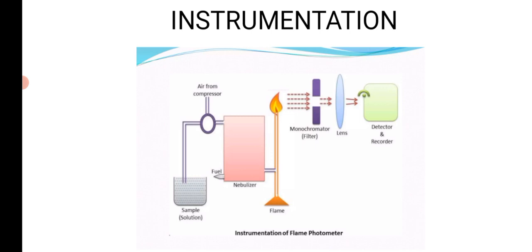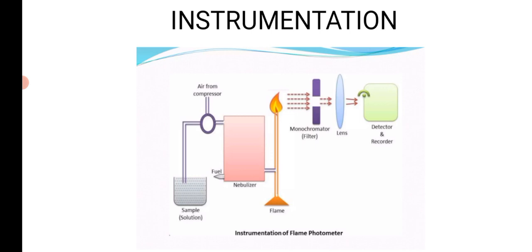So again we will discuss what parts there are in the instrumentation. The first main part is the sample or solution containing metal atoms. With the help of an air compressor, the sample goes into the nebulizer with the fuel flame.